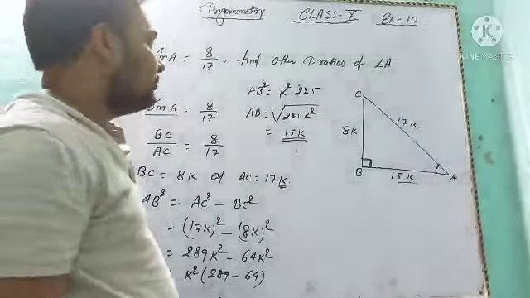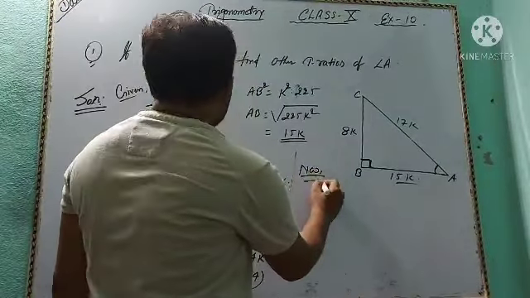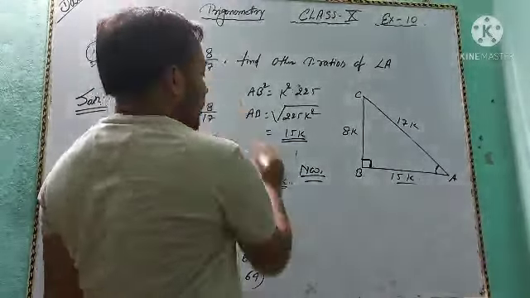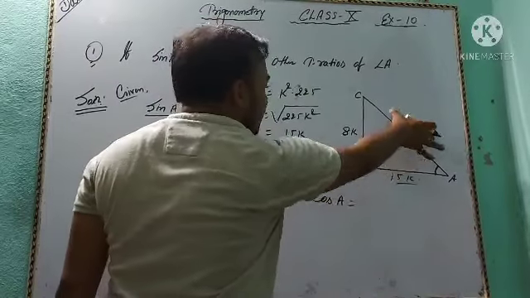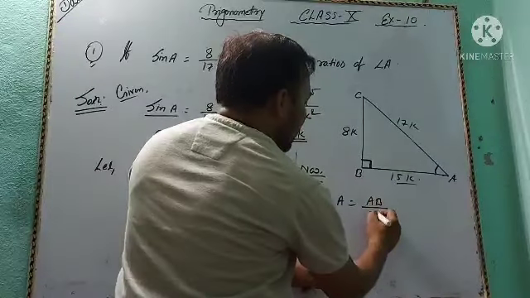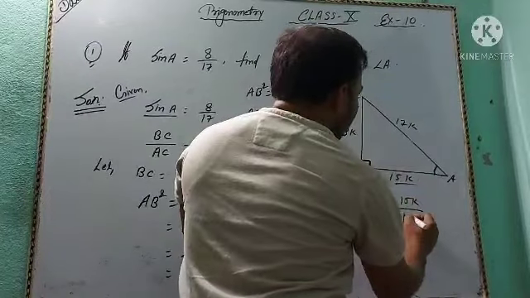Okay, and now sin A is given 8 by 17. For cos A is equal to base by hypotenuse. So AB by AC. Okay, so AB is equal to 15K by 17K.